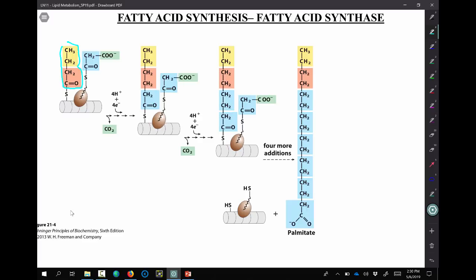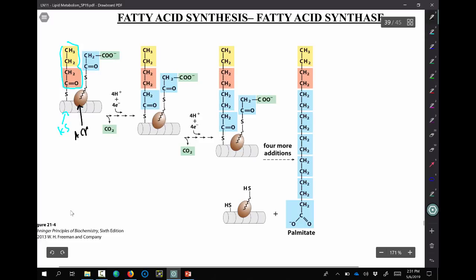If you start to look at your next round, that 4-carbon molecule will be transferred in step 1 of the second round. That 4-carbon molecule will be transferred to KS. And then step 2 will take on another malonyl-CoA on the ACP. So now you have the 4-carbon molecule sitting on KS, right there, and you have malonyl-CoA sitting on ACP.